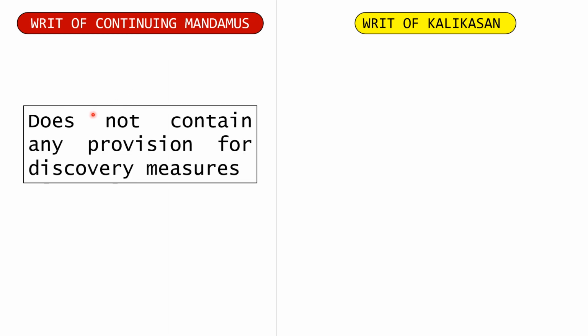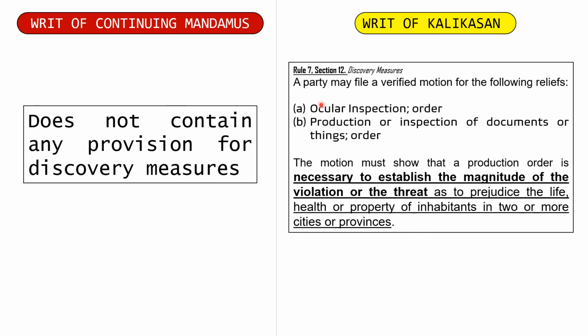If you read your Rule 8, which is about the writ of continuing mandamus, you will not read there, or it does not contain any provision as to discovery measures. How about in your writ of kalikasan? You read Section 12 of your Rule 7. Any party, either the respondent or the petitioner, may file a verified motion for the issuance of ocular inspection order or production or inspection of documents or things order.